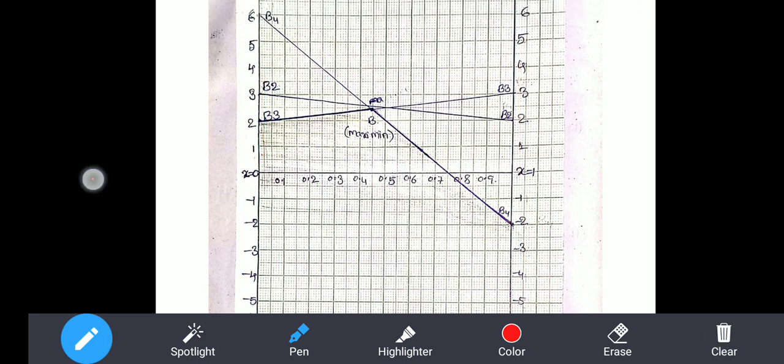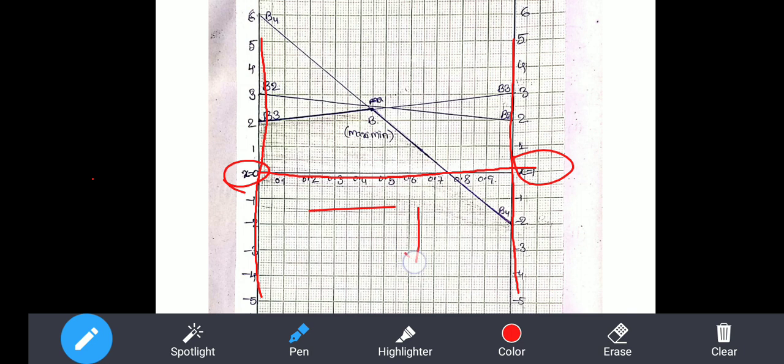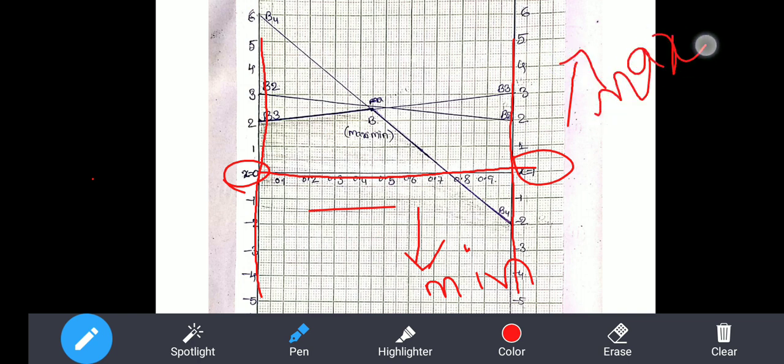These two lines will be used here, as shown to you here. In between these lines on the x-axis, the divisions will be taken. Below this x-axis will be the minimum, and above this x-axis will be the maximum. You can remember that.